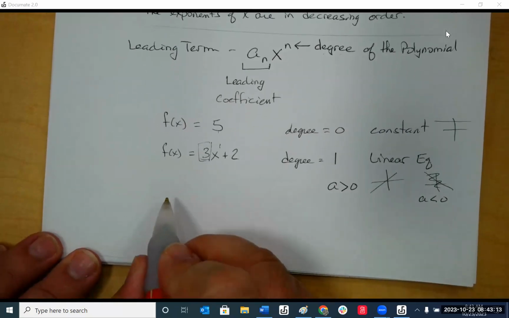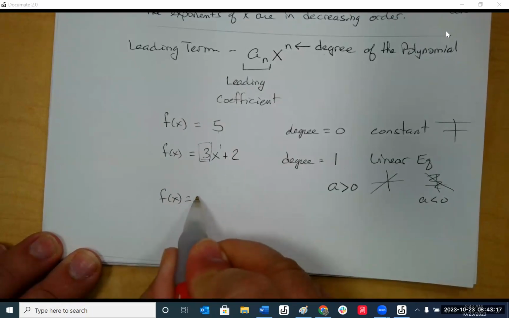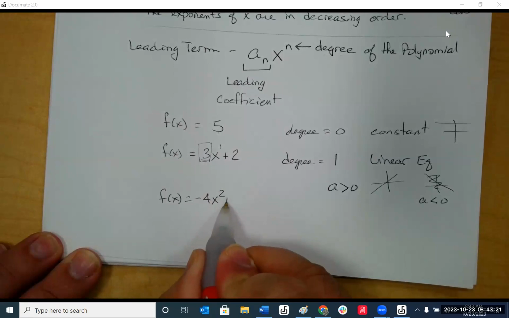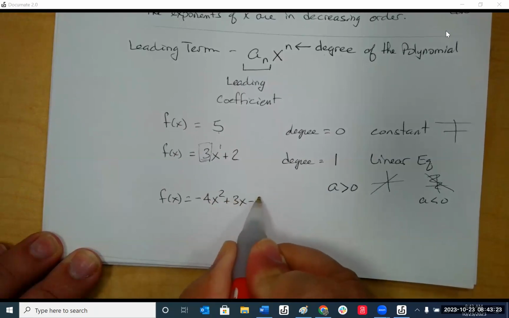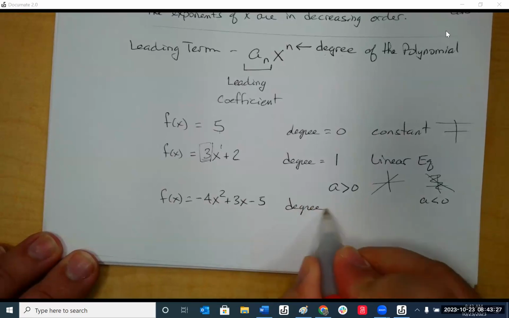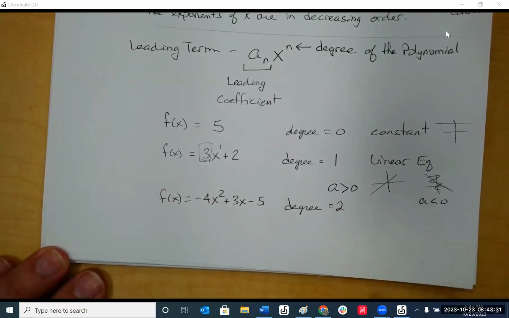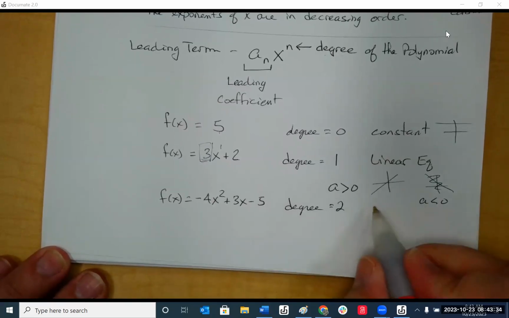How about this equation? What's the degree here? The degree is 2. Since it's 2, it's a quadratic equation.